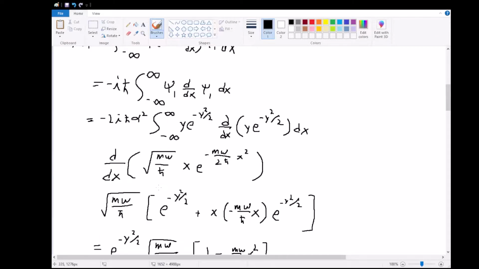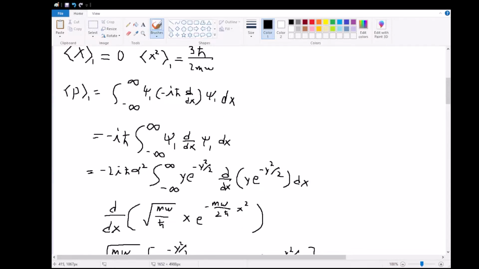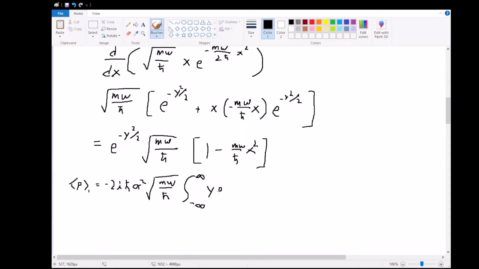And then we have our integral from negative infinity to positive infinity of y times e to the negative y squared over 2, multiplied by another e to the negative y squared over 2, and then multiplied by 1 minus m omega over h bar times x squared dx. So if we combine everything, this is going to become the same constants at the front.